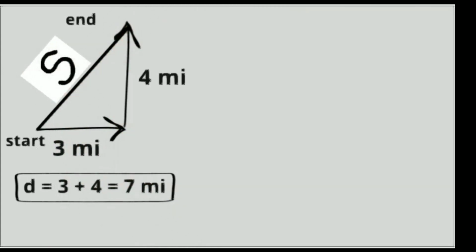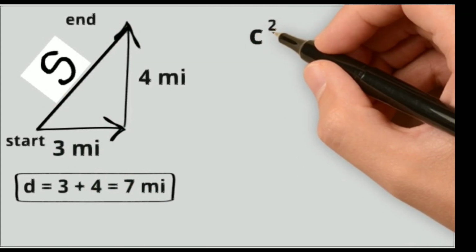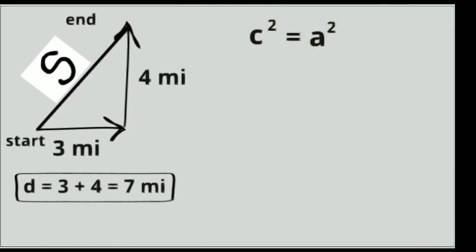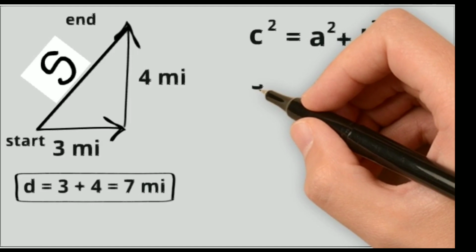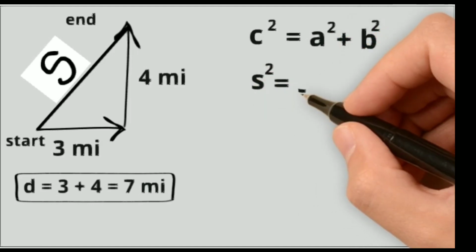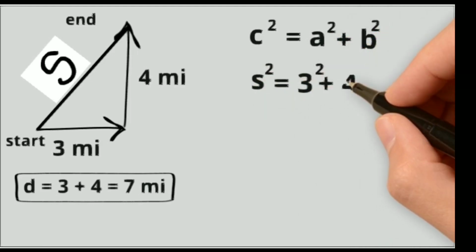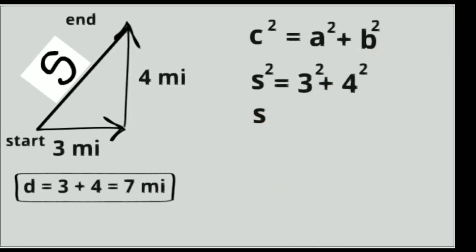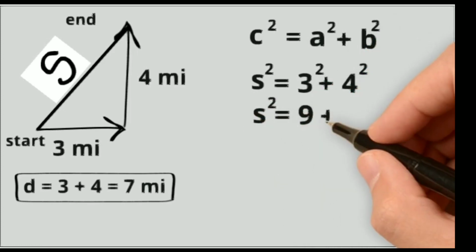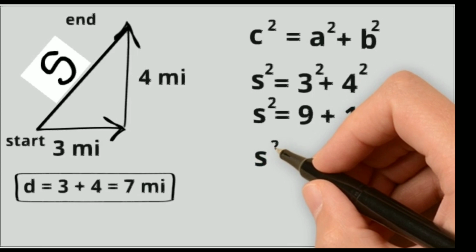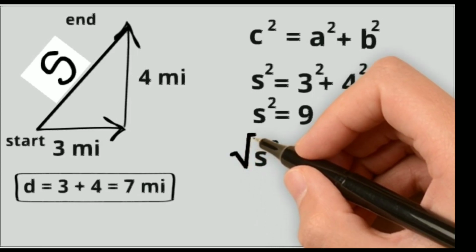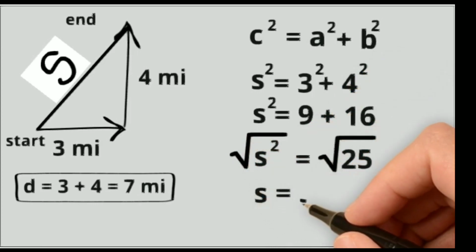What we need to do is use the Pythagorean theorem. So in this case, we know that c squared, the hypotenuse, is equal to a squared plus b squared. So s squared is going to be 3 squared plus 4 squared. So that's going to be 9 plus 16, which adds up to 25. And so the displacement is going to be the square root of 25, or 5.